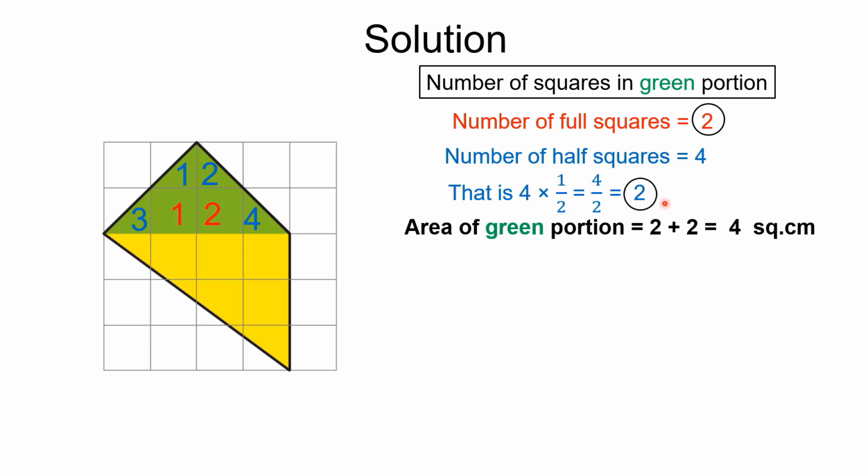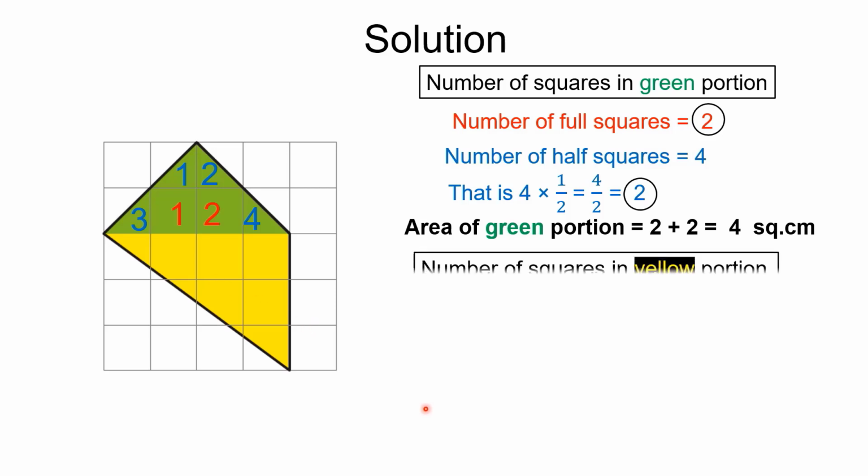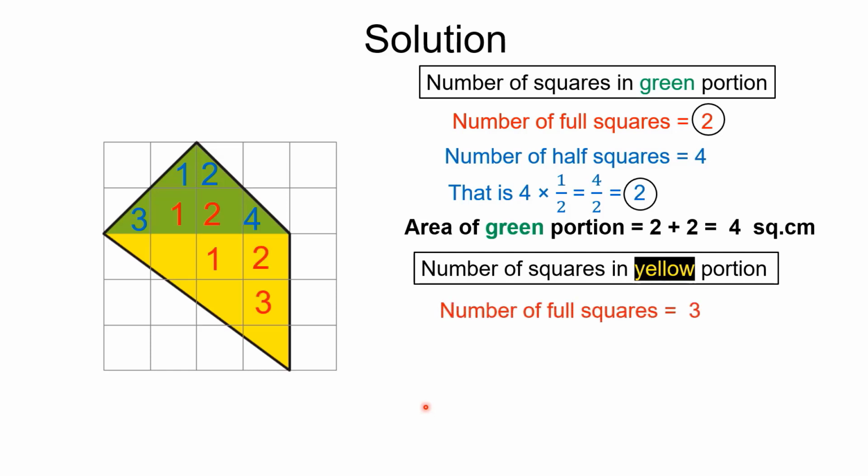Area of the green portion is 2 plus 2, that is 4 square centimeters. Let us count the number of squares in the yellow portion. We will count the number of full squares. Number of full squares is 3.